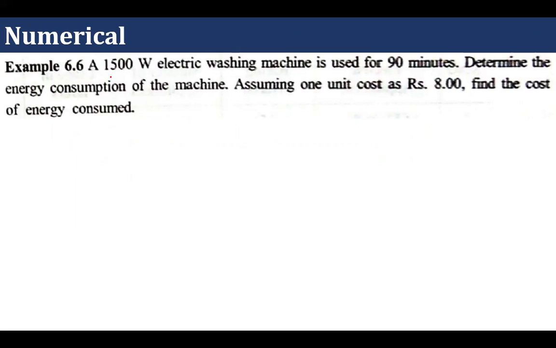A 1500 watt electric washing machine is used for 90 minutes. Determine the energy consumption of the machine. Assuming 1 unit cost as 8 rupees, find the cost of energy consumed.